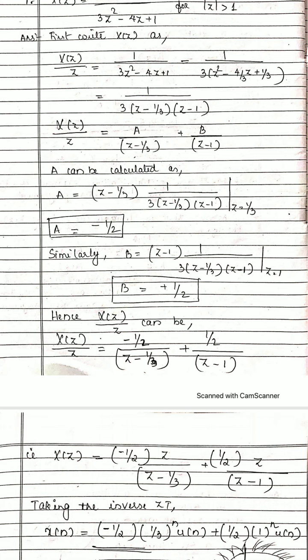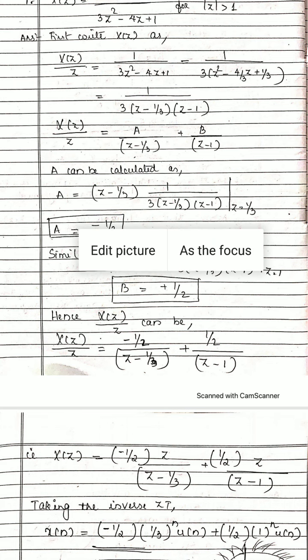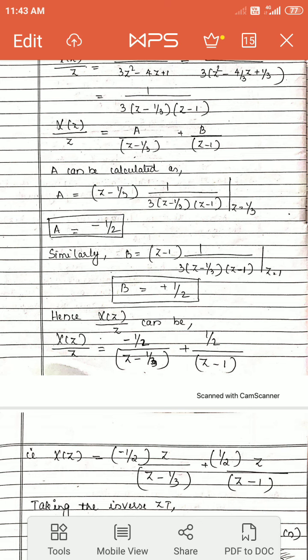The other method you can follow is, A is equal to z minus 1 by 3, whatever the denominator you are finding, write it, that is z minus 1 by 3 multiplied into 1 divided by 3 into z minus 1 by 3 into z minus 1. Right? If you are finding the value of B, write the denominator, B is equal to z minus 1 multiplied into 1 divided by 3 into z minus 1 by 3 into z minus 1.